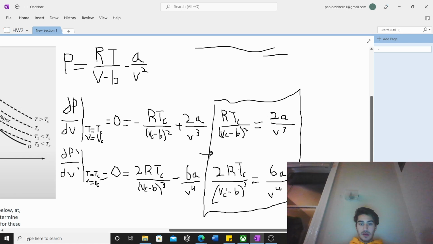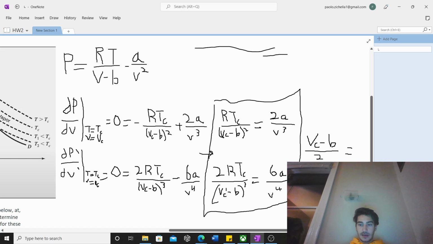So let's say we have the inverse of this. We now have 2RTc, Vc minus b cubed, all over 2RTc. So then this becomes Vc minus b, which is the specific volume at the critical point, but to the power of 1, all over 2. That's the left hand side.